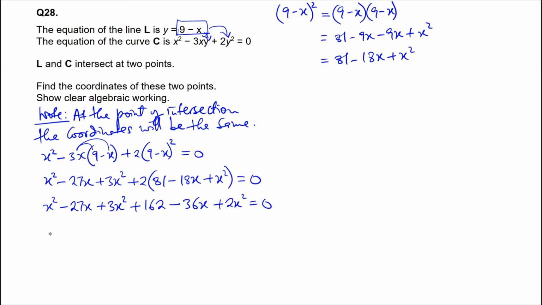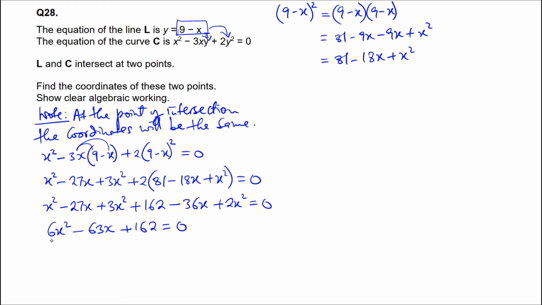If you simplify this expression, you'll end up with 6x squared minus 63x, if you collect like terms, plus 162 is equal to 0.